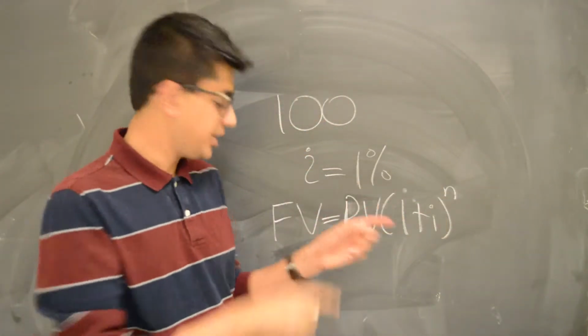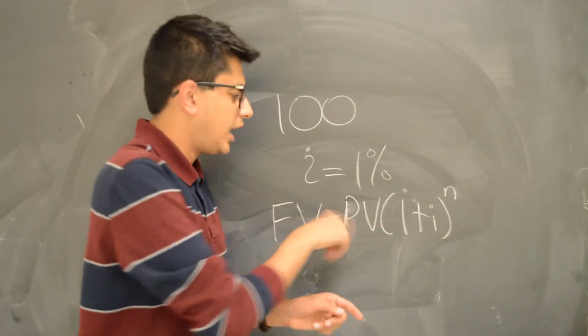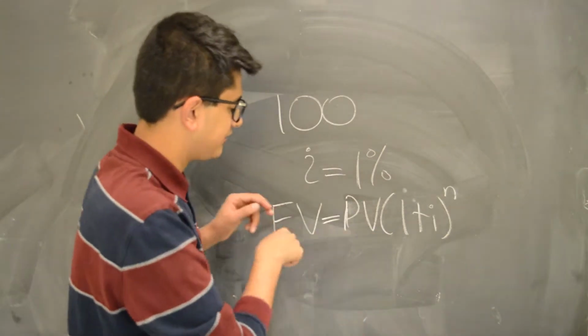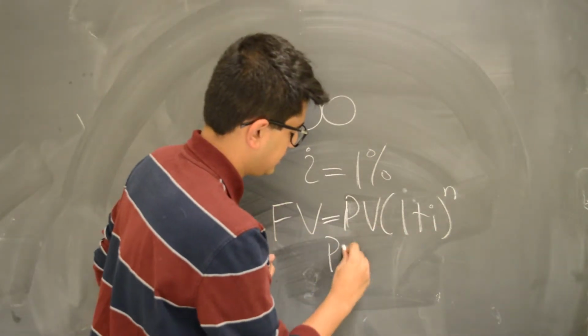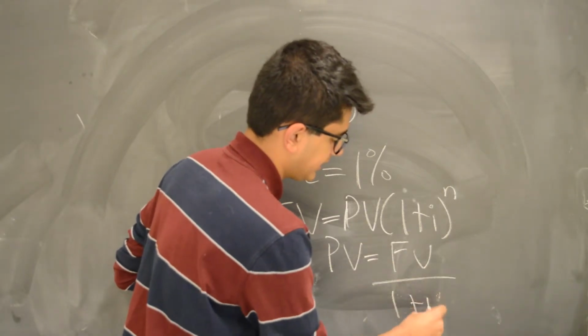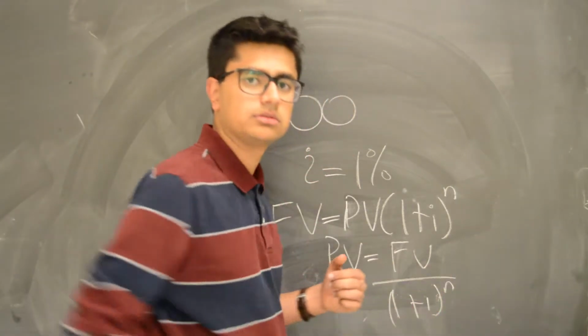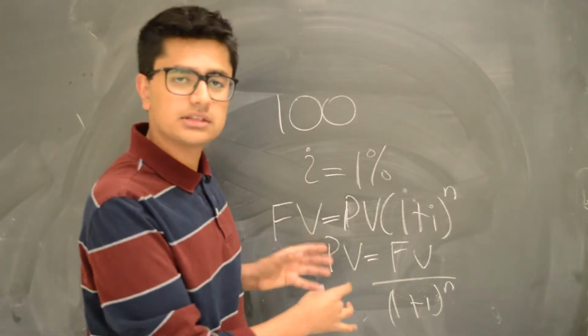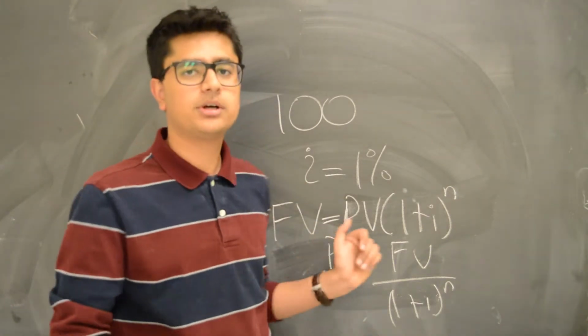If someone asks you, here's what your money is worth in the future, how much is it worth today? You can just divide both sides and use some simple math. Again, the present value equals the future value over (1 plus i) to the n. That basically means if you're given the future value, you can easily calculate how much your money is worth today.